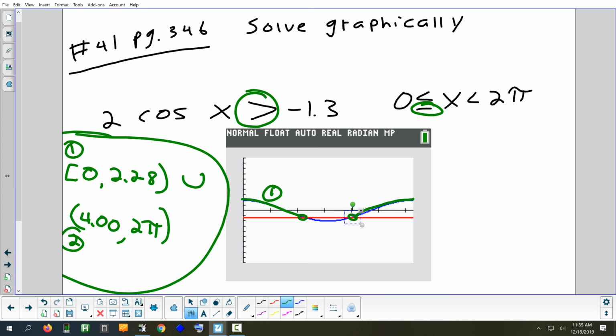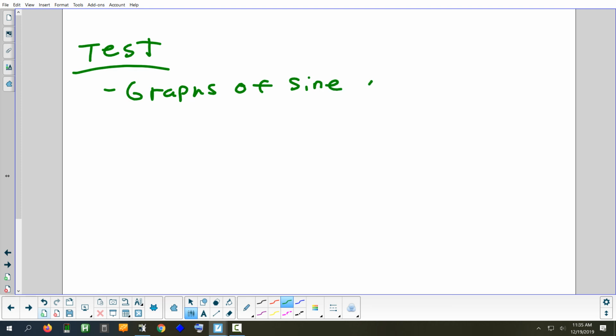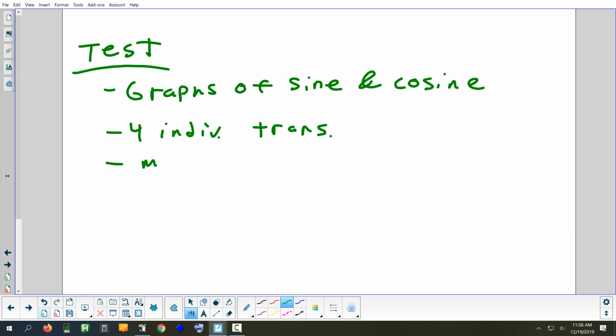All right. So, for the test tomorrow, some things that you want to make sure you know. Graphs. It's pretty much what we did all week. So graphs of sine and cosine. We want to know how to do the 4 individual transformations and multi-step.